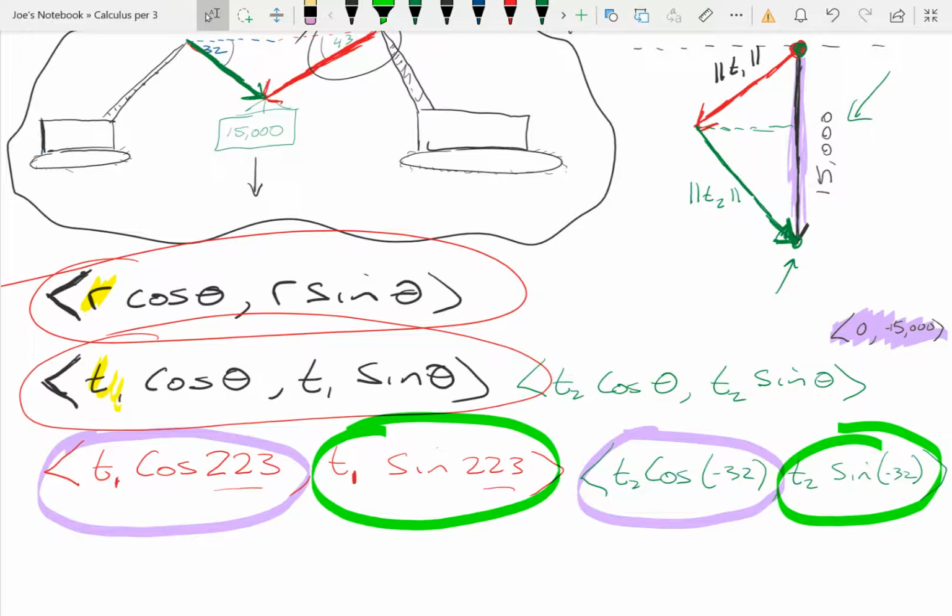So cosine of negative 32. And then that one's going to be a 0, so you can just hit enter or type it in. And then you do the sine of the same angle, so sine of 223.